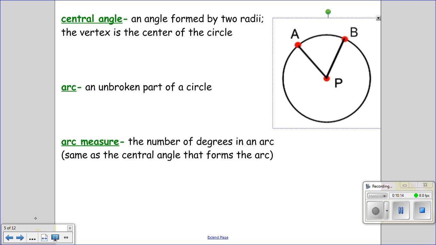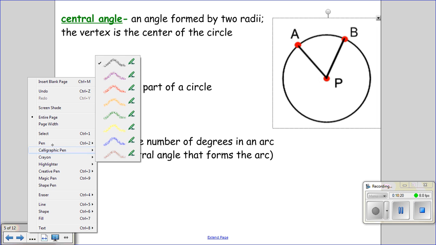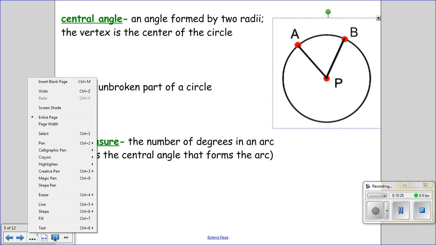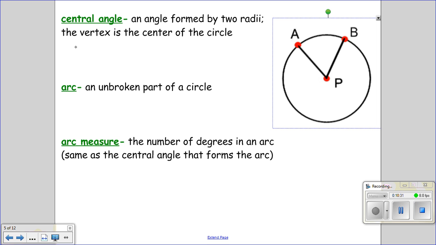A central angle is formed by two radii, and the vertex has to be the center of the circle. So on our circle at the right, our central angle is named angle APB, or you could say angle BPA, or you could say angle P, because the vertex of this angle is not being shared by another angle.